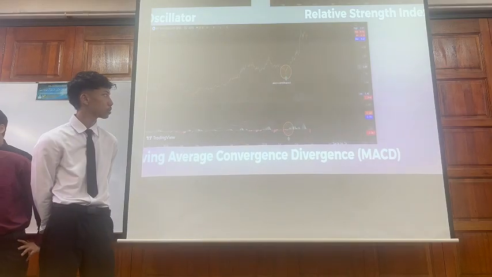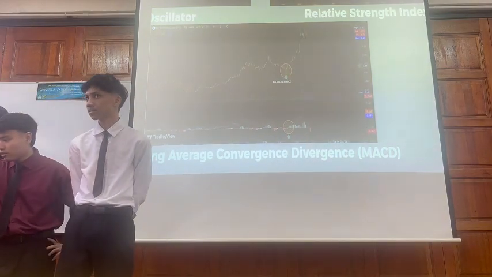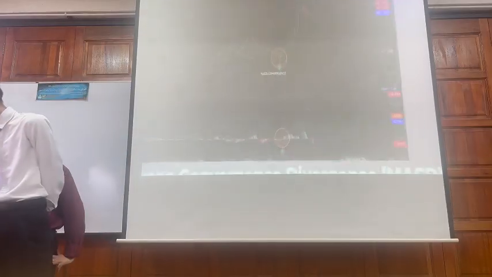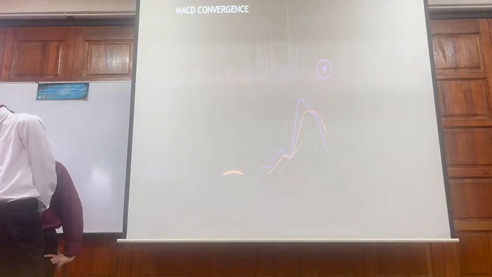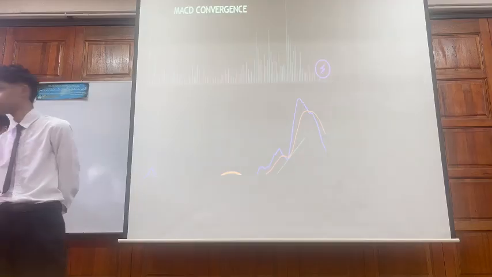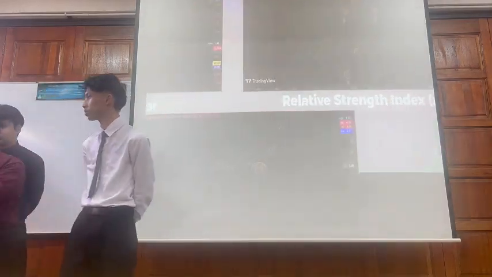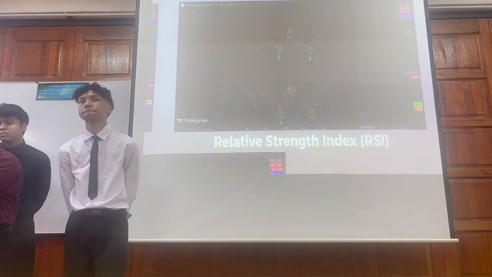Finance setting kan? RSI. RSI equal signal.